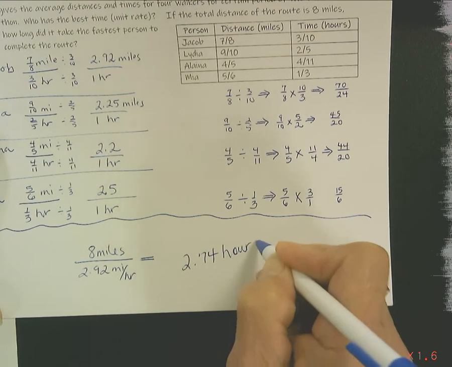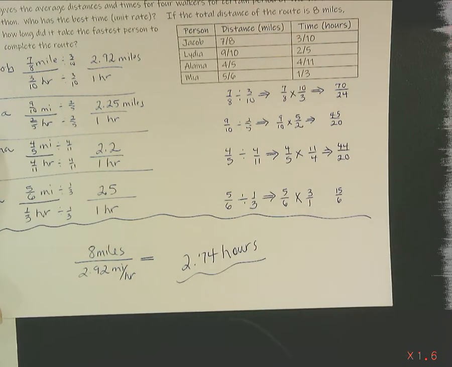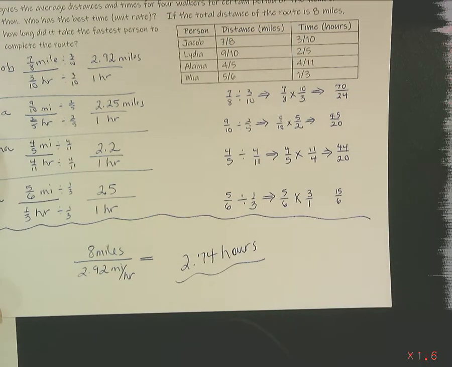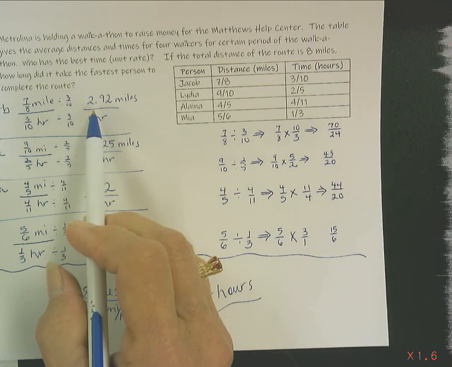Where'd you get the 8 from? Reading the problem. Total route is 8 miles. And where'd you get the 2.92 from? That's how fast Jacob's going.